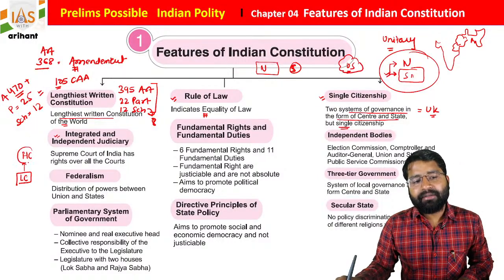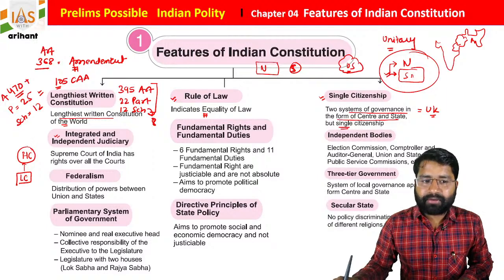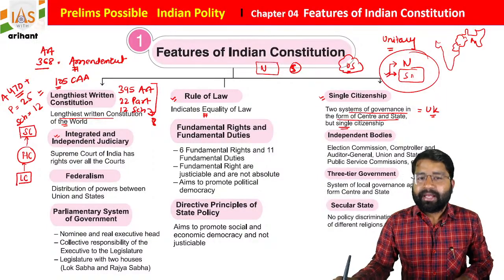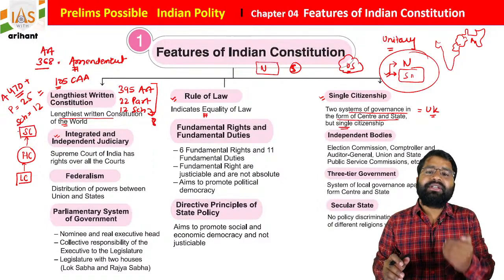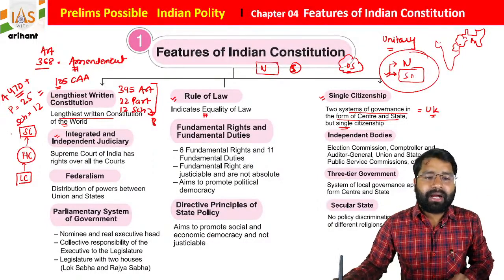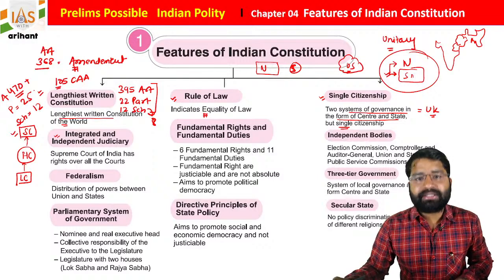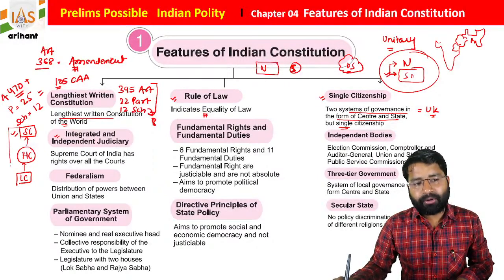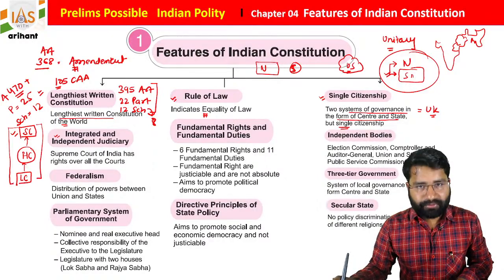And if you are also not satisfied with the judgment of the high court, then you can go to the Supreme Court. What does it represent? It represents that our judiciary is integrated. And the Supreme Court is the highest law authority of India, students. So this is about the integration. This concept we derive from the UK.